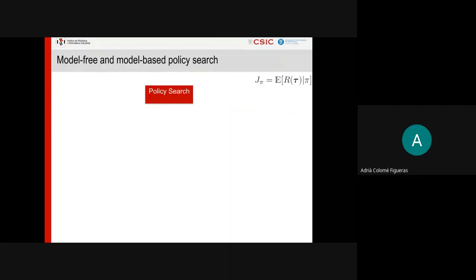And how is this done? So I was talking about this direct policy search, where we optimize our friend here, the expected reward given the policy. So the best policy is the one that on average gives us the best reward. And these policy search methods can be divided into model-free, where we do not model anything about the system or the reward function, or model-based.